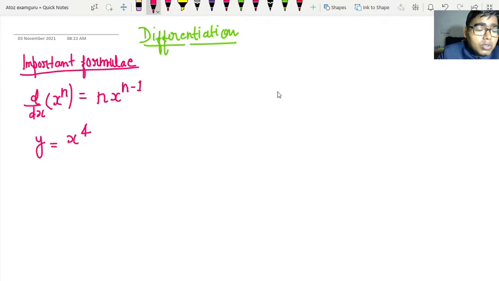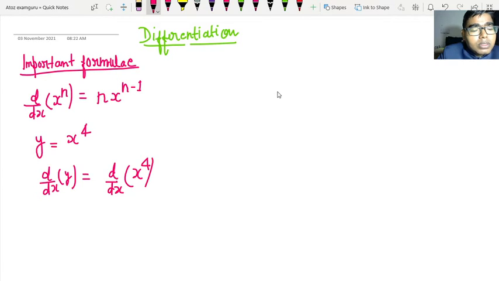What you will do is simply take d/dx of y equal to d/dx of x to the power 4, and as per the formula, the value of n here is 4.